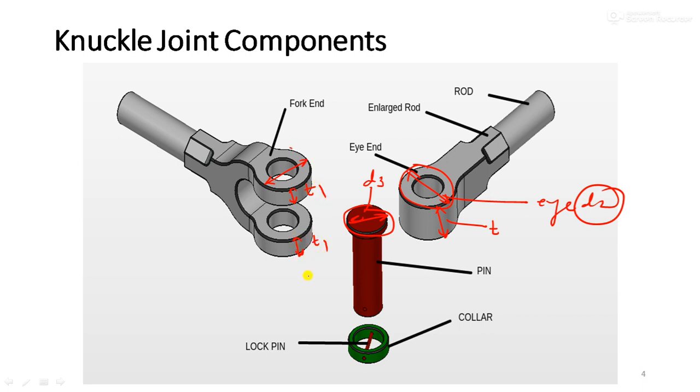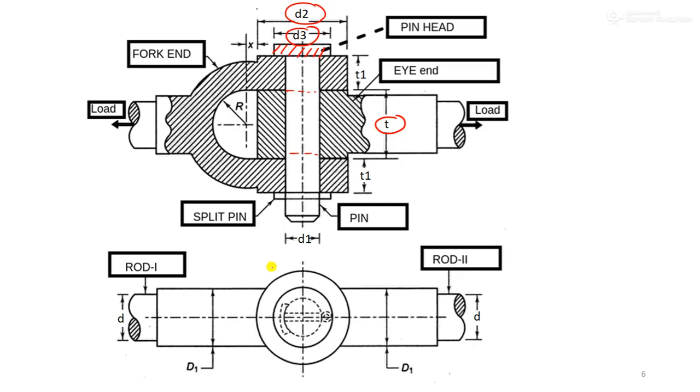This is T1, T1. So T is the thickness of the eye, and obviously the part of the pin which will be inside this eye will also be equal to T, and the remaining part will be T1 and T1, which will be inside the two parts of the fork. I hope you are getting everything clear.